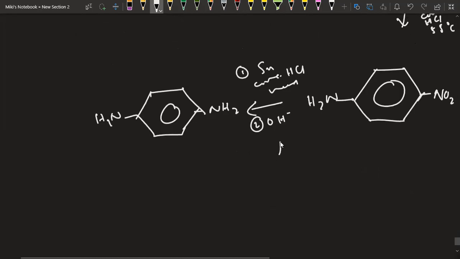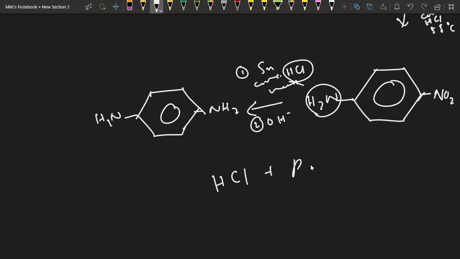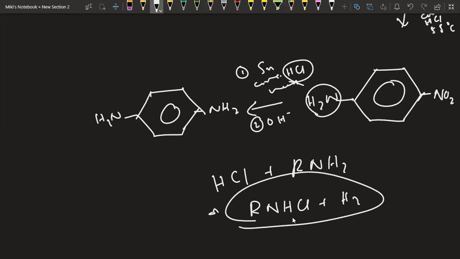Now let's come to why hydroxide is added here. Hydroxide is added so that the amine which is formed, this NH2, does not react with the HCl being produced. Remember, HCl is acidic and NH2 is basic. When acid is there, it is going to react with the amine, forming the salt of the base.